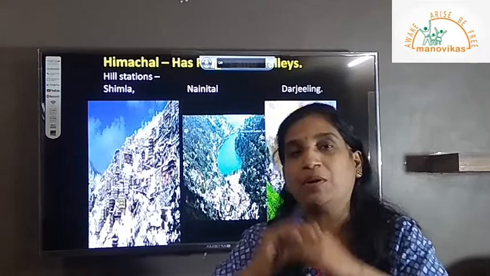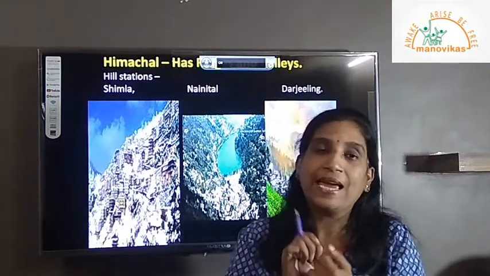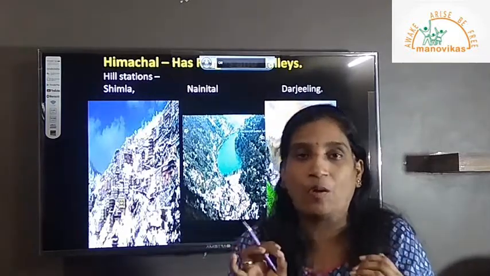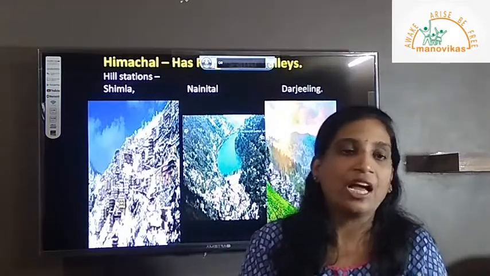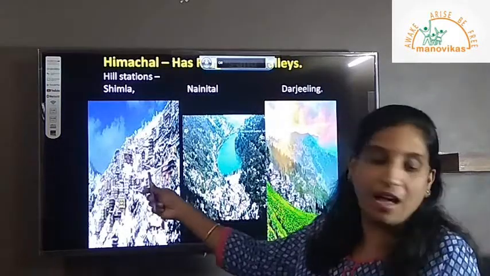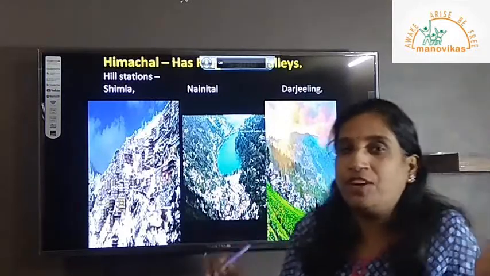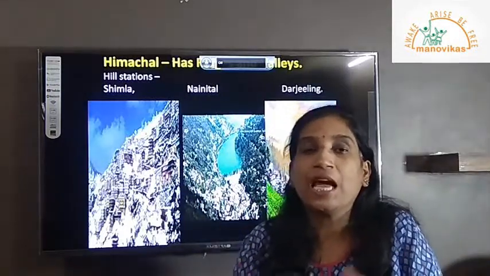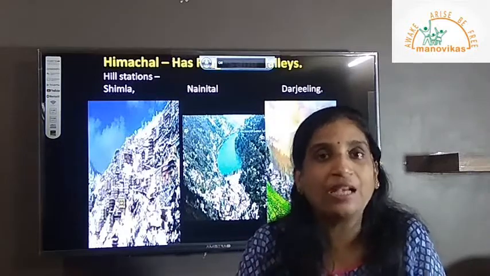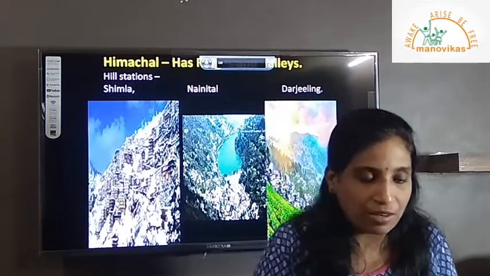Most of the people in the summer prefer going to these hill stations, because they are small hillocks in this Himachal range. For example, we have Shimla, Nainital, and Darjeeling in India. These are the famous tourist destinations and hill stations which are located within this Himachal range.